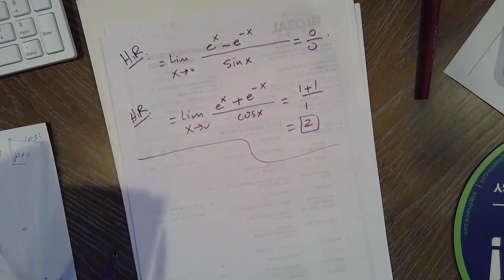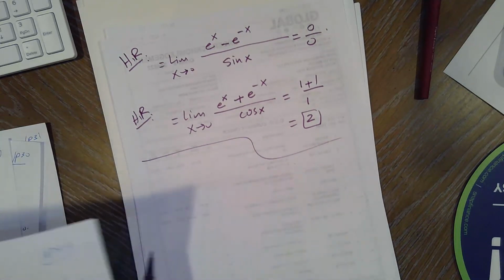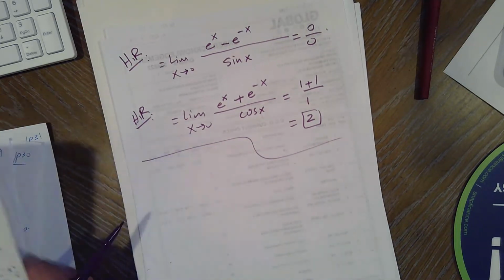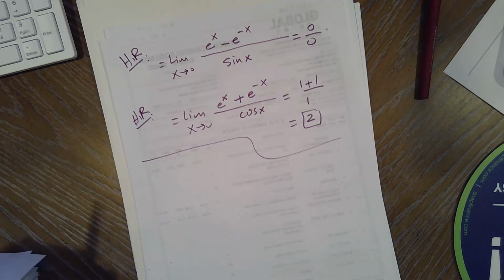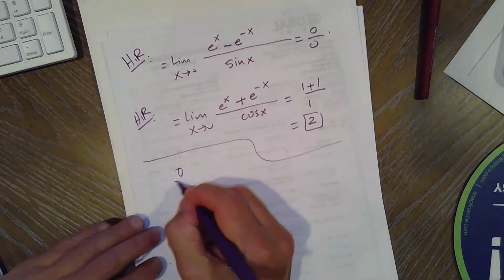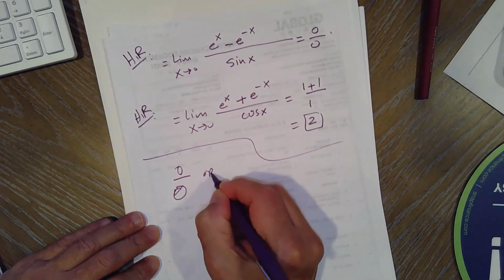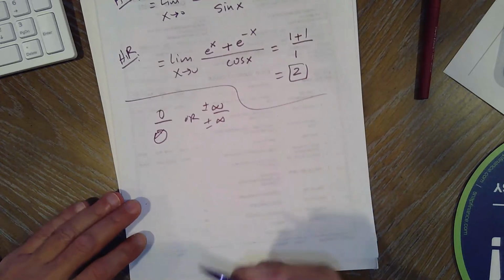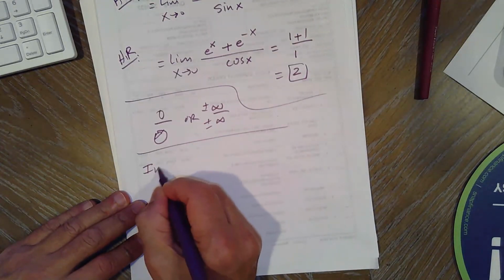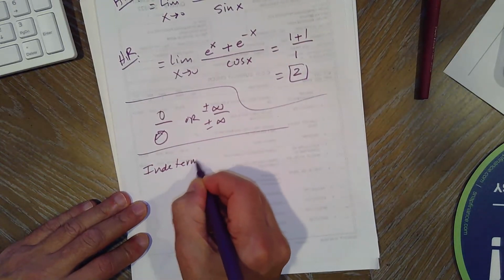Okay. So now let's go over other indeterminate forms. The indeterminate forms that we talked about were 0 over 0 or infinity over infinity, plus or minus. Other indeterminate forms: there are indeterminate products.